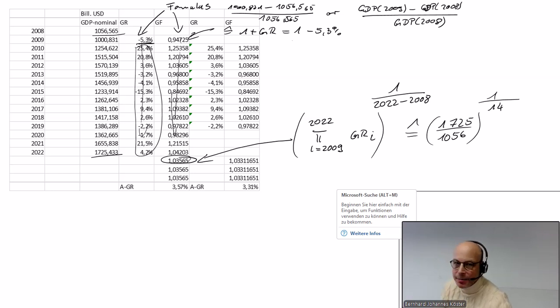And then, for example, maybe you have chosen the wrong period. You have not divided by 14, but by 13. But then I see, okay, the number is maybe wrong, but you have made only a little mistake. Then I still see, okay, you know more or less what you have done.